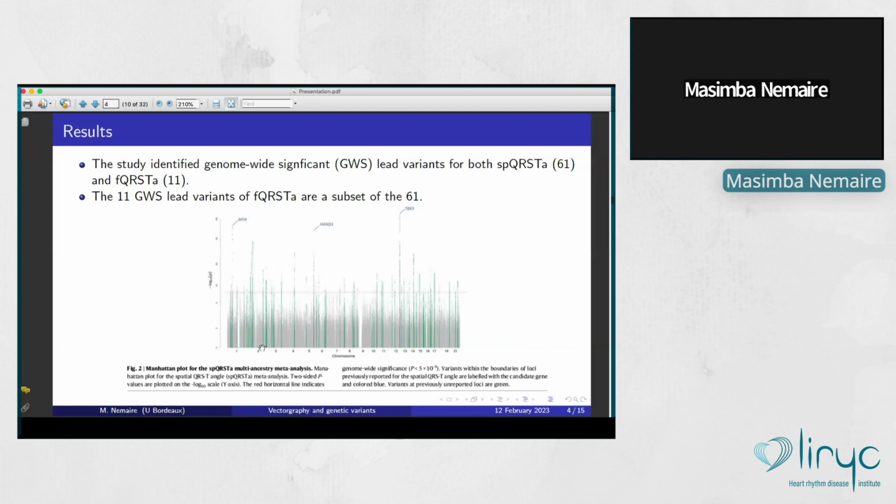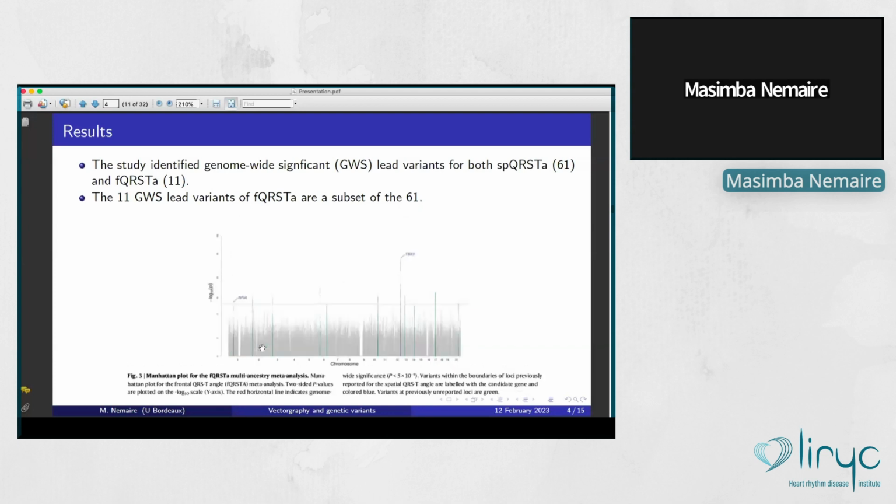We will get a bit deeper into what this means, and this is the one that they obtained for the frontal QRST angle.